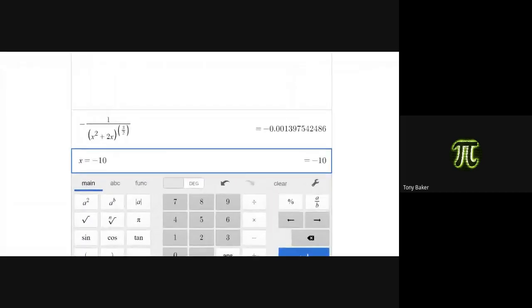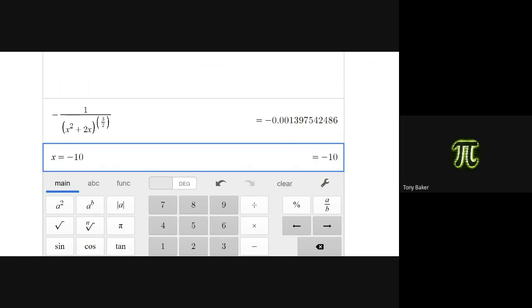So if we plug in -10, I get negative. If I plug in -1, I get undefined, so it doesn't exist there at all. And if I plug in 5, I get negative. So it is negative and negative on this.